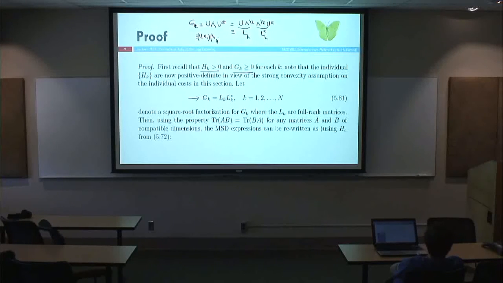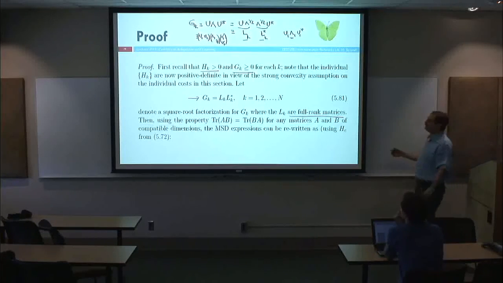I put the zero eigenvalues at the end. So this becomes something like U1, and now U1 is not square anymore, but it doesn't matter. Now split lambda 1, and you end up getting L_k star, where L_k will be full rank now. That's all.